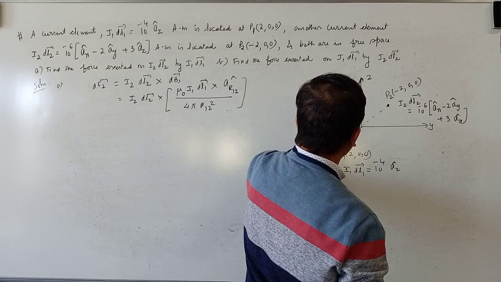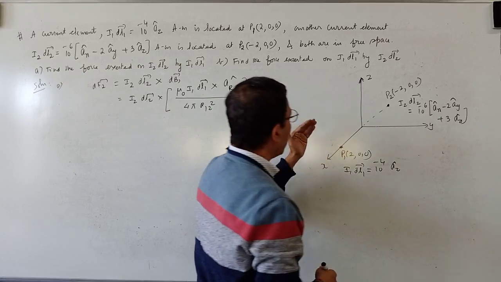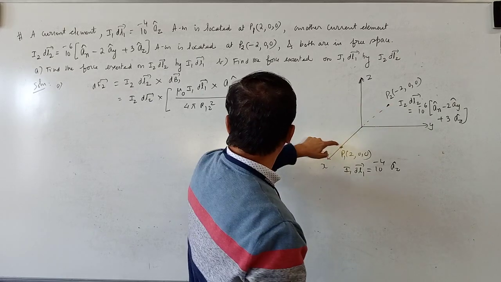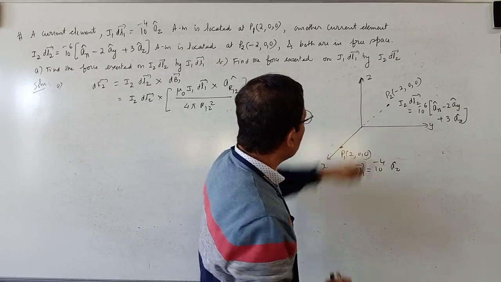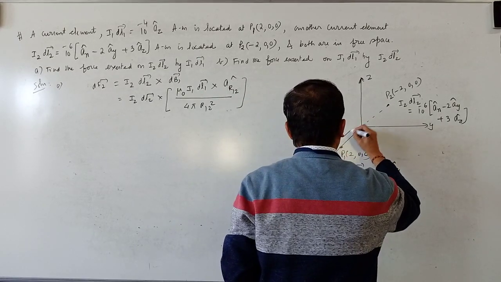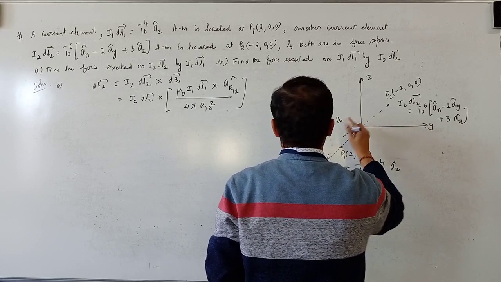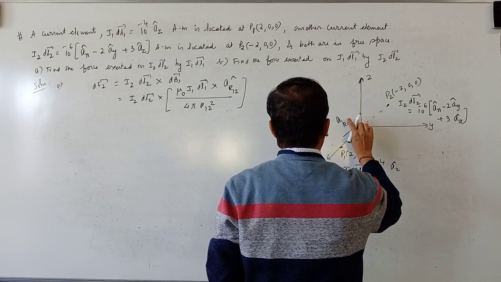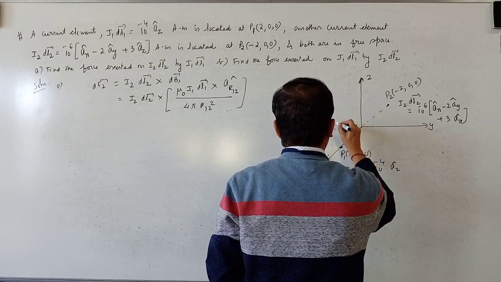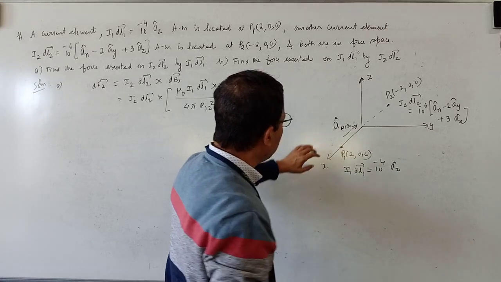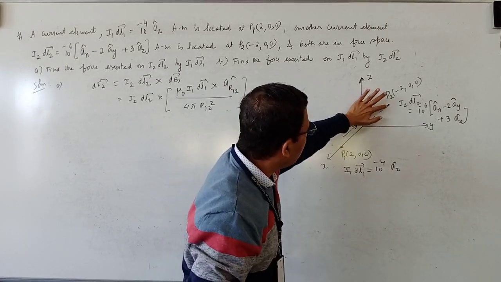So what is the unit vector that you have to take? You have to take the unit vector from the element to the point of interest, means from point 1 to point 2. Therefore, this is the unit vector ar12 cap. This unit vector acts from the element to the point of interest.